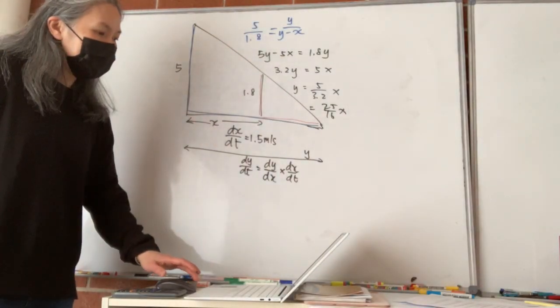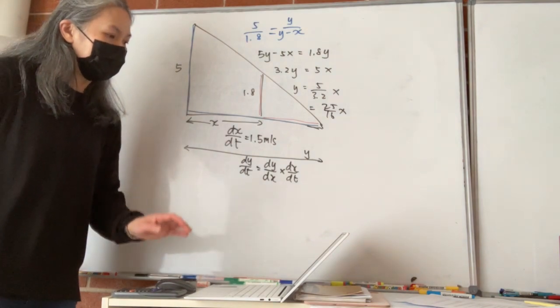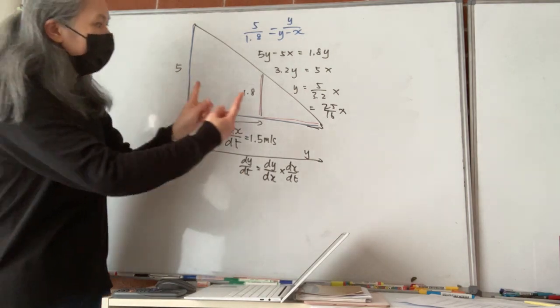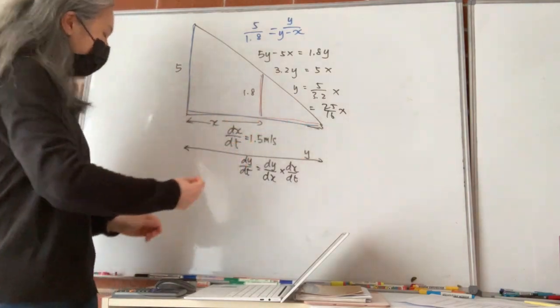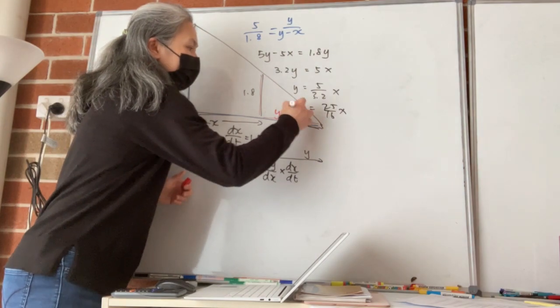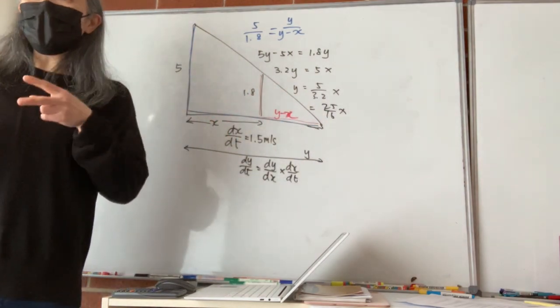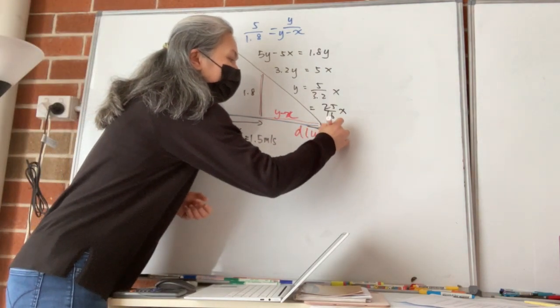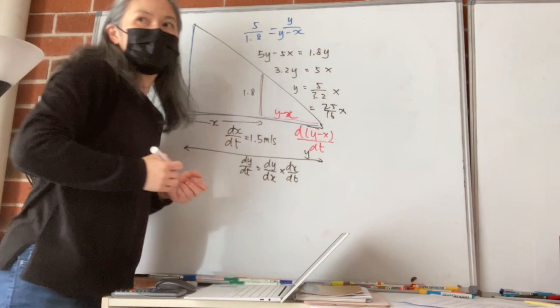The second part asks you to find the length of the shadow, which is y minus x. The rate of the length of the shadow means you are looking for d(y minus x)/dt.